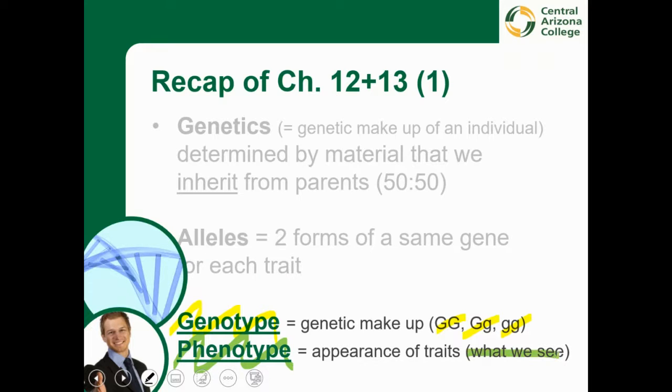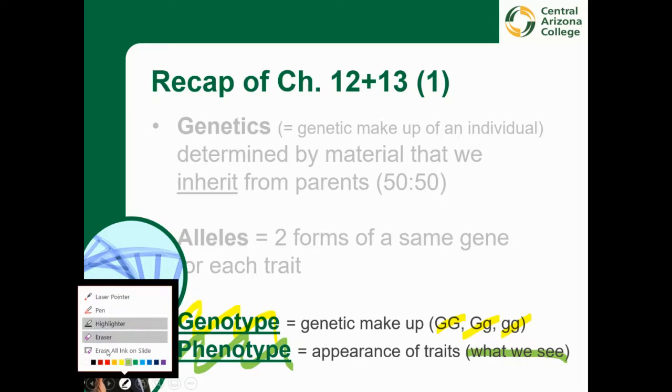For example, we discussed things like hairline, we could discuss earlobes, we could discuss, when we look at the pea plants, their color, whether the seeds are wrinkly, and so on and so on. All of those phenotypes that we see, all of those traits that we can observe, are dependent on the genotype that that individual has.